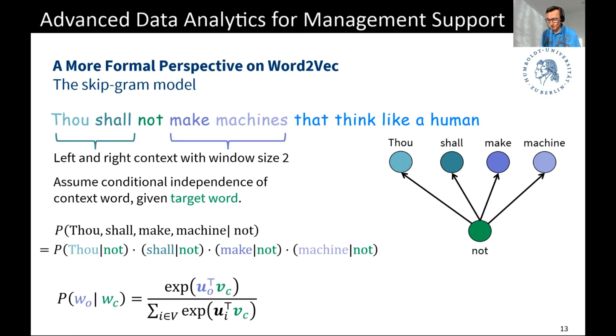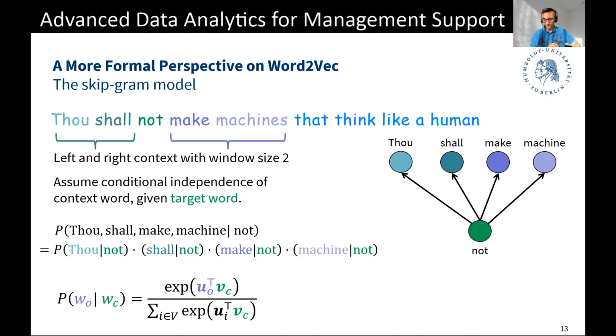You'll see that shortly. If we agree on the word "not" being our central target word, which triggers a context. So the word "not" triggers the occurrence of the words "this", "shall", "make" and "machines". That is the philosophy of the skip-gram approach.